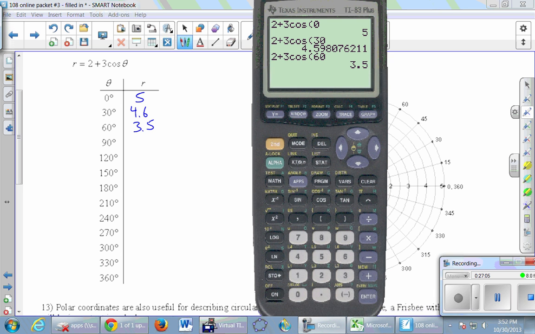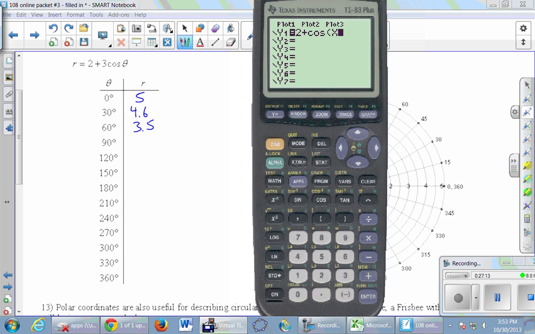Okay, so if you've spent the time making the table, I now want to show you the shortcut for making the table. You can come in here and type in 2 plus 3 cosine x. That is not right. Then you can go into table set, which is second window, and make it so that your table looks like this.